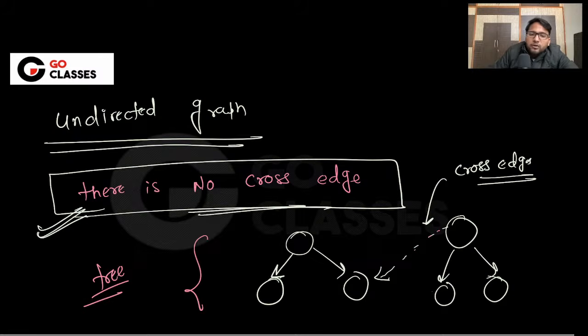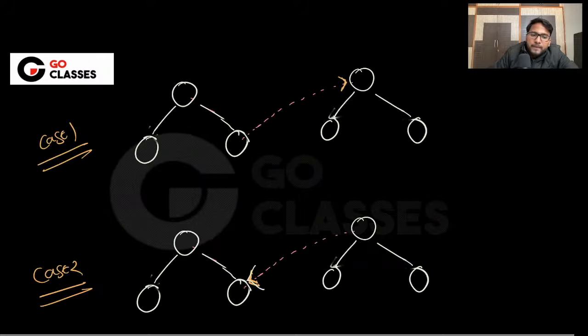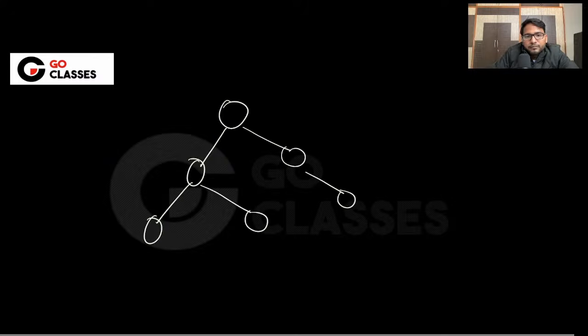Okay. Now in the undirected graph, interestingly, see here, let's suppose this is the graph that you have, okay? Let's suppose this is the undirected graph that you have. Suppose you are visiting this.